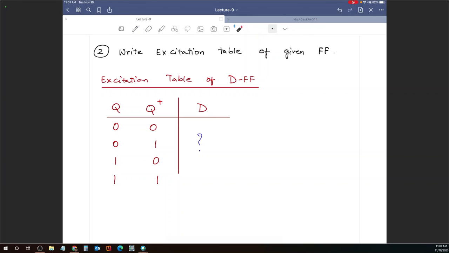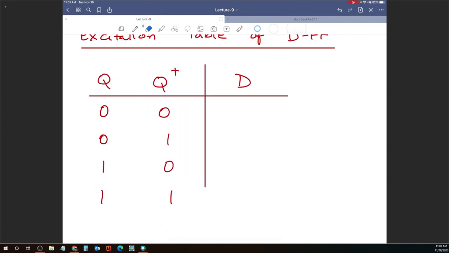So let us try to go through this. It's going to be very simple. What should I write here for the first entry? What should D be? 0. Perfect.